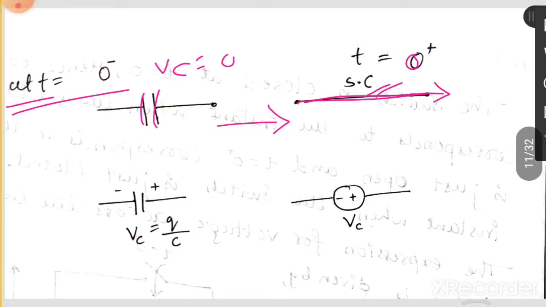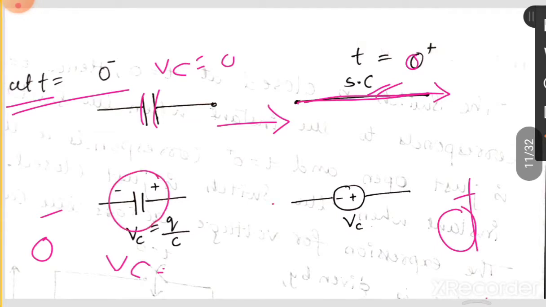Suppose the same capacitor has a certain voltage across it at 0 minus. Then while considering the 0 plus condition, this capacitor has to be replaced by a voltage source of the same voltage magnitude Vc.